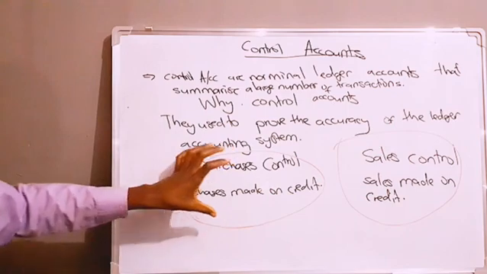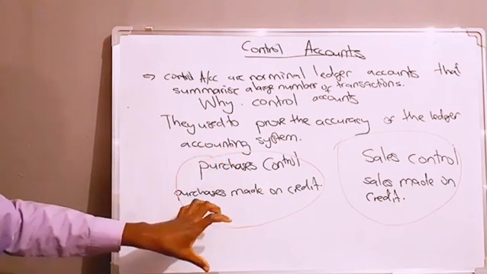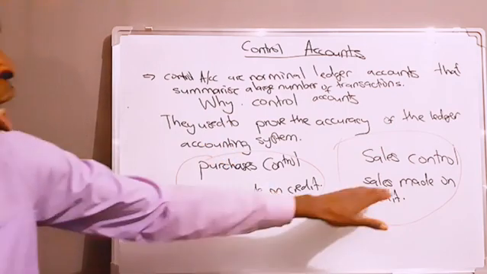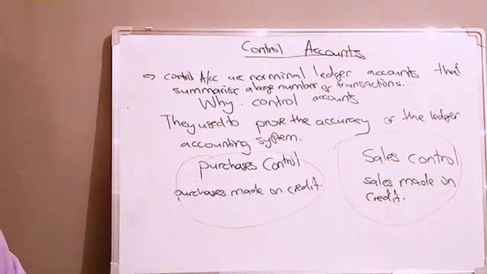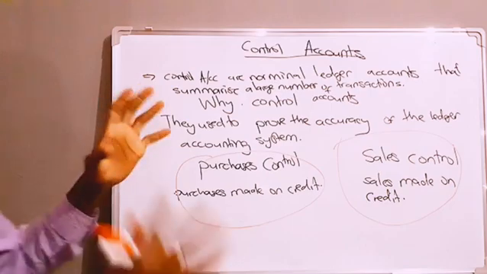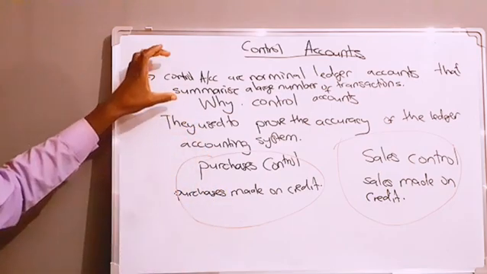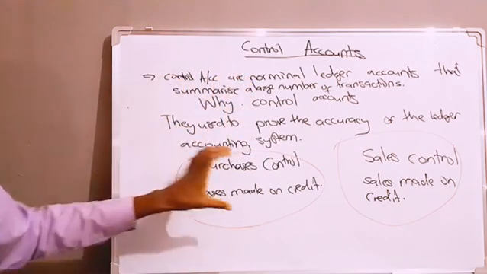In the purchases control account, we record purchases made on credit. The sales control account is for sales made on credit. We take the full figure from the sales daybook or from the purchases daybook.